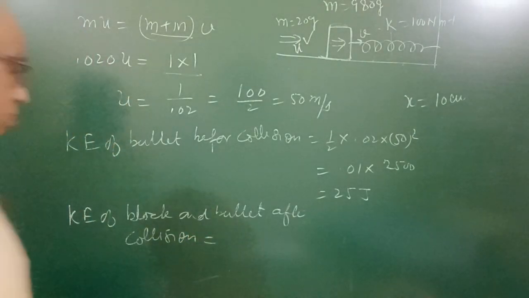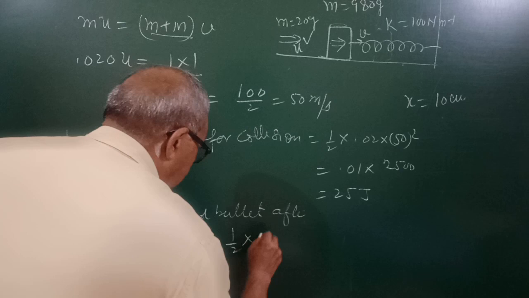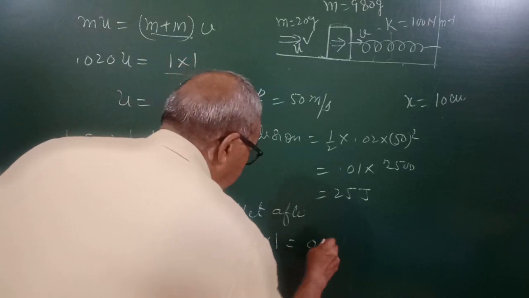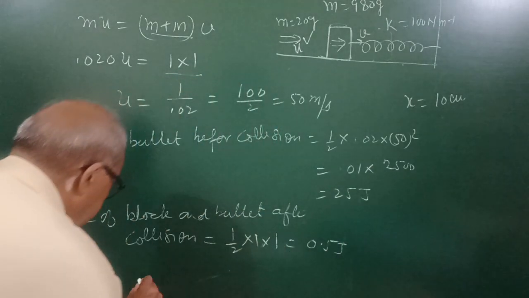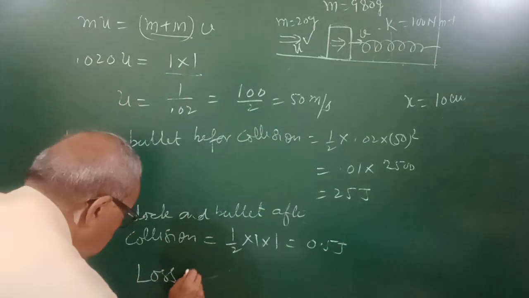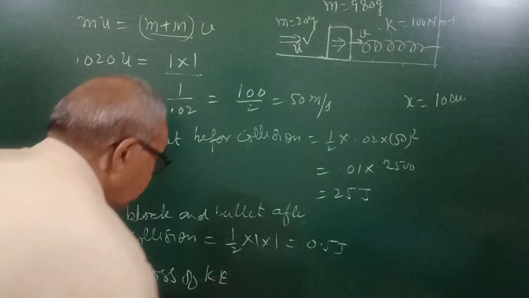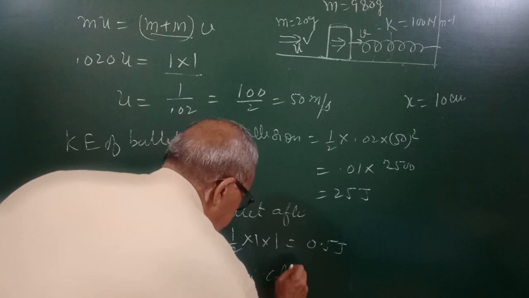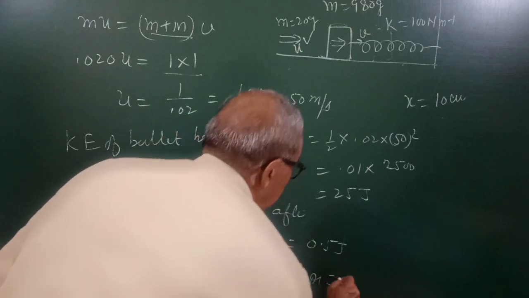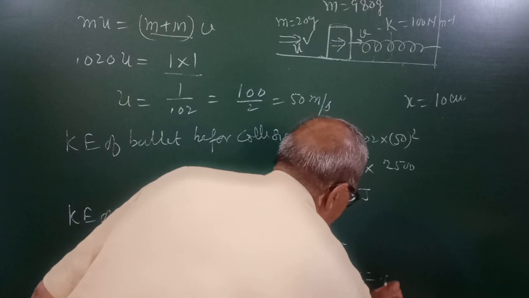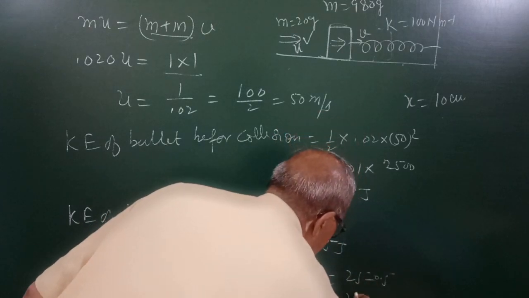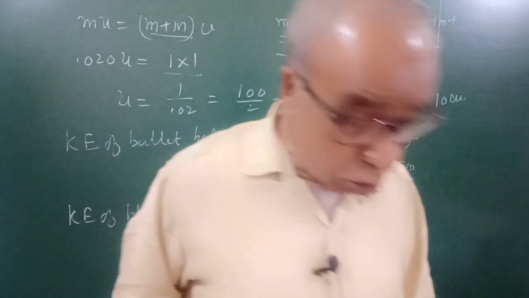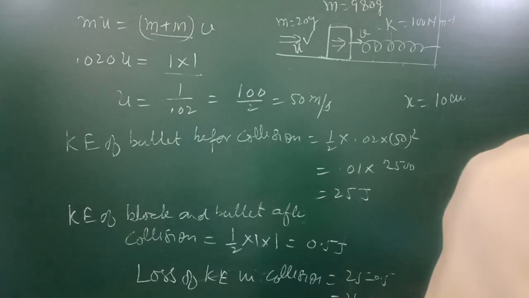What will that be? Half into 1 into v squared, and v was 1, so 0.5 joule. And therefore the loss of kinetic energy in collision is 25 minus 0.5, which is equal to 24.5 joule. So a large amount of energy is lost here in the form of heat.